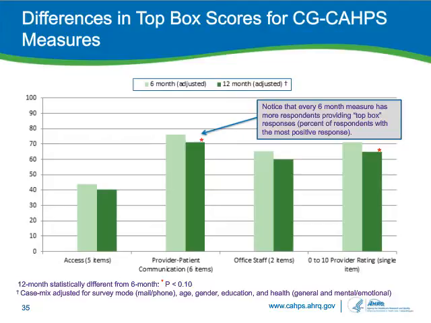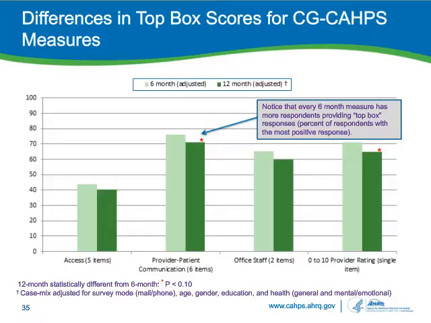The top box response is the most positive response. In other words, if they're asking a question, never, sometimes, usually, always, then always is the most positive response. And what this slide summarizes is the composites that were in the survey plus the 0 to 10 rating.